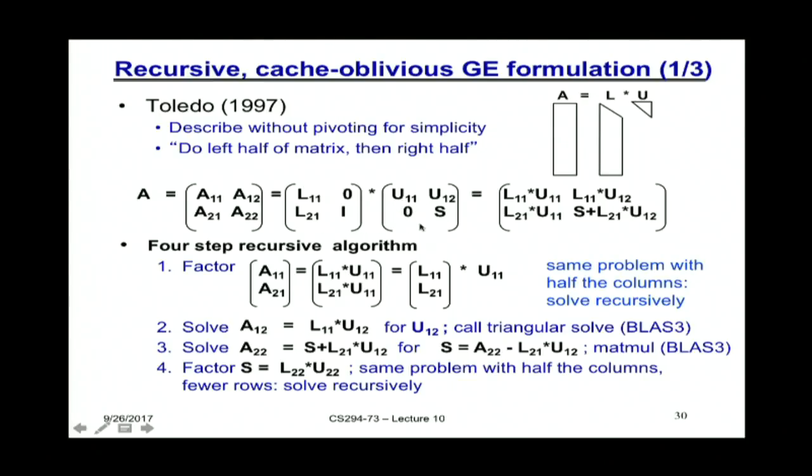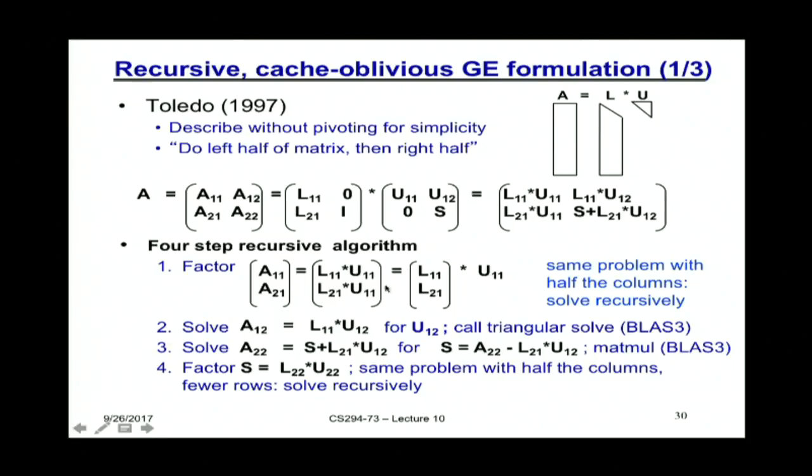And this lower part is 0, this upper part is 0. So that's the L matrix and U matrix. You multiply out all these blocks, algebraically equating the A matrix with these matrix blocks. You can see that there are 4 different equalities we need to maintain, and then you work out what operations we need to do.